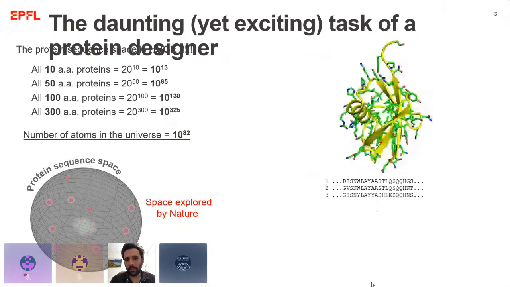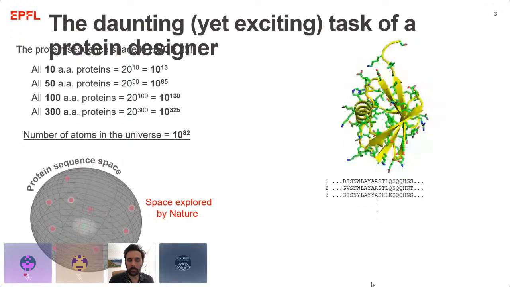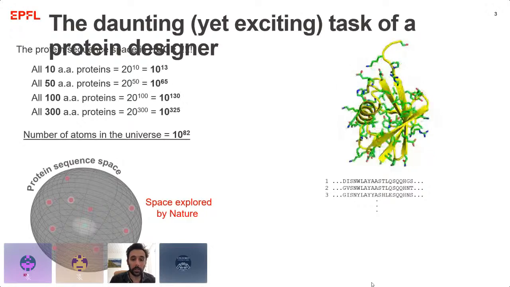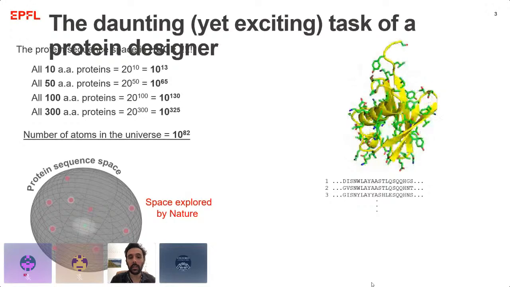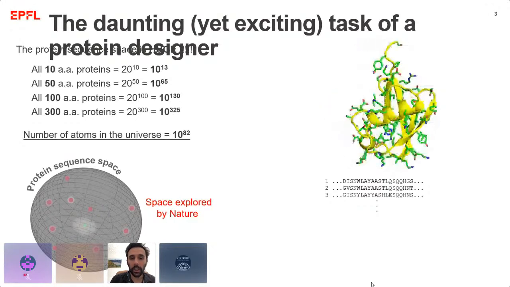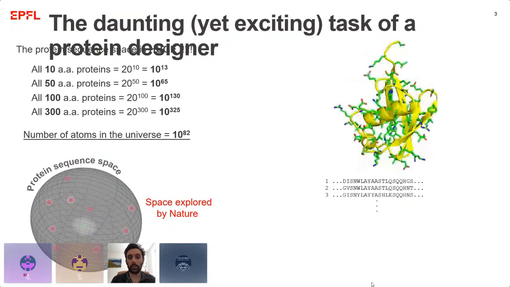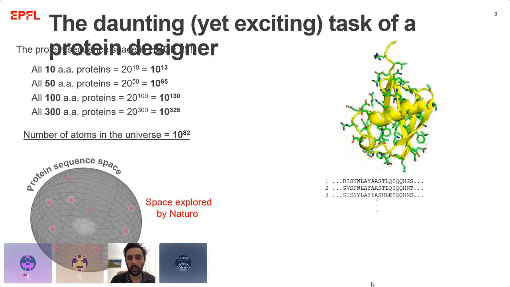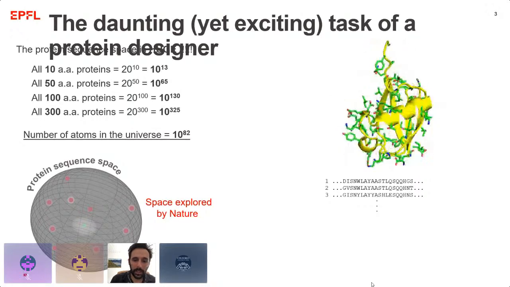But if we want to simplify and think about how the protein design exercise actually works, in the computational protein design community, what we do is we start with a template of a structure, in this case, the backbone of a protein that you see here shown in yellow. Then computational algorithms are used to explore some of this space in silico, and you'll have the generation of different sequences.